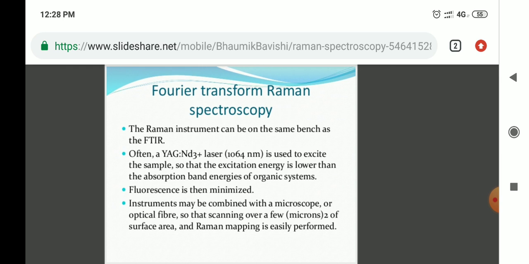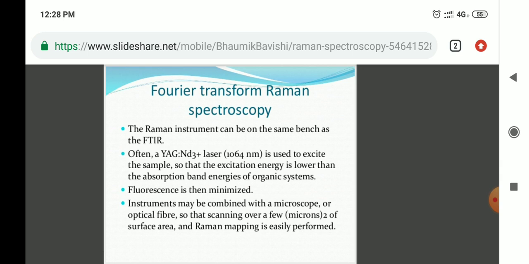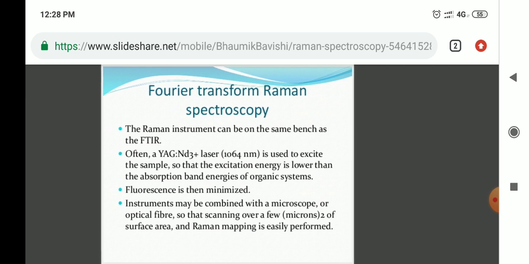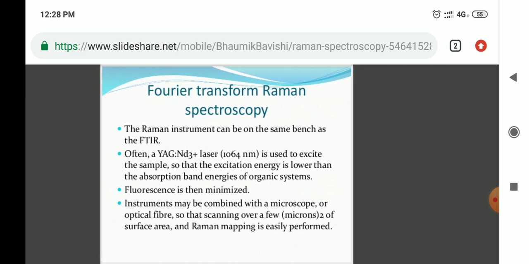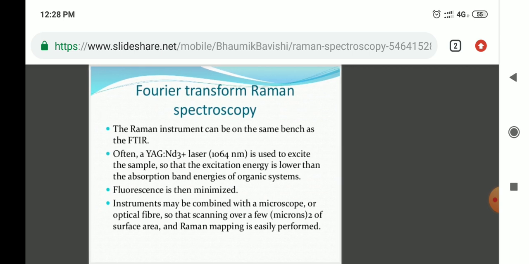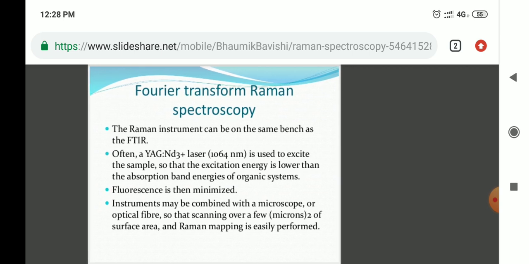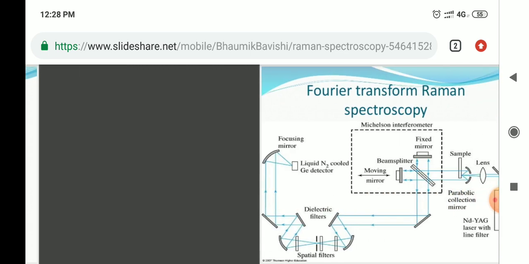Often an Nd:YAG laser is used to excite the sample so that the excitation energy is lower than the absorption band energy of organic systems. Fluorescence is then minimized. The instrument may be combined with a microscope and optical fiber so that scanning over a few microns of surface area and Raman mapping is easily performed.